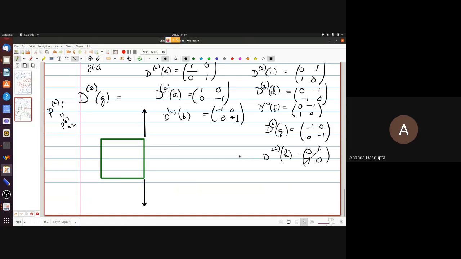And then D2B: reflect here, go this way. And what about D2G? Well, here the job is rather low, right? You don't have to do a lot. D2G, 180 rotation. Again the same, but this time with a minus sign.